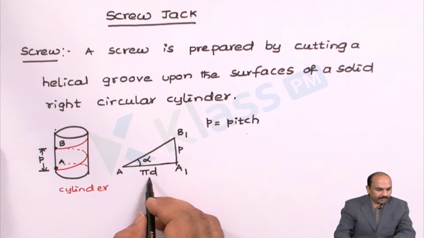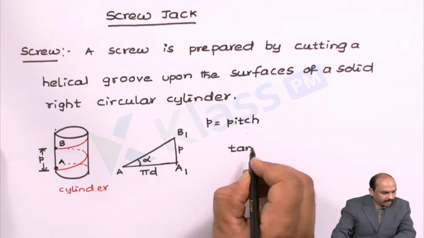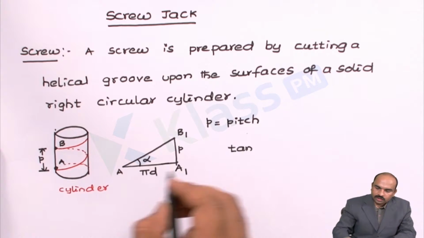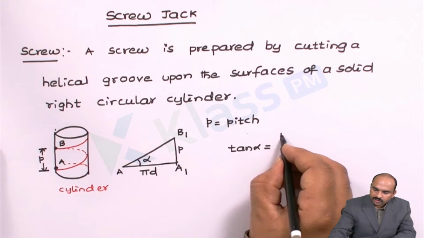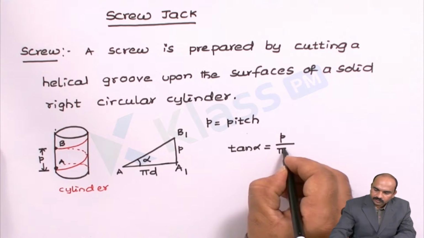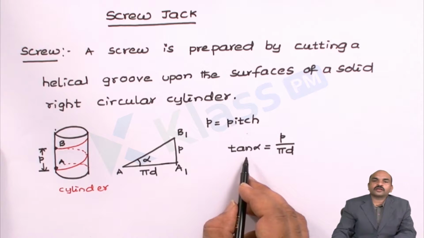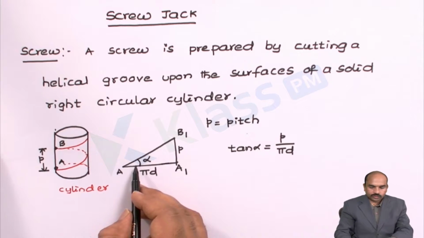From this we can calculate the angle alpha, the angle of the groove. Tan alpha is equal to opposite by adjacent. This is the formula we will be using to calculate the angle of the groove.